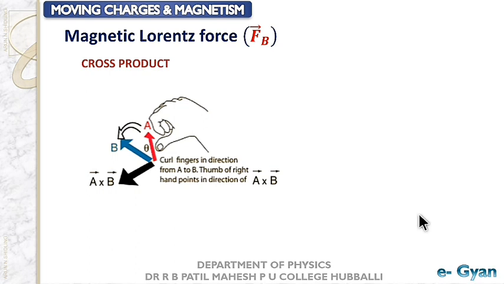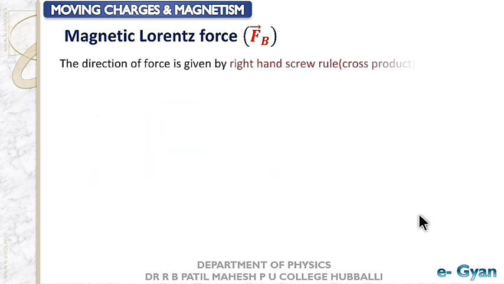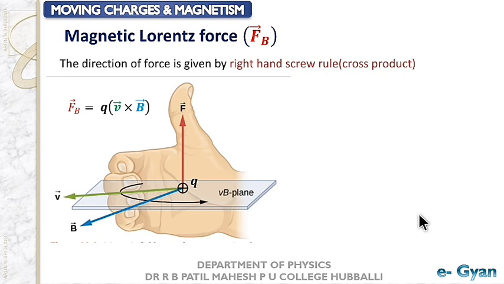Let us try to figure it out in our case of magnetic Lorentz force. The direction of force is given by the right hand screw rule. I'm just going to place an image for you so that you can see it. Here is the velocity vector, and here we have the magnetic field. I have to cross v towards B, then my thumb is pointing in the direction of force.